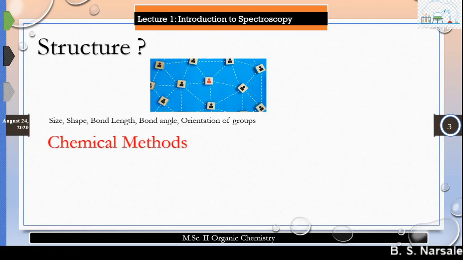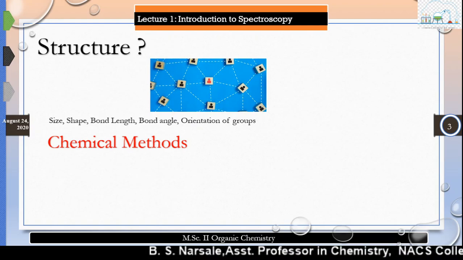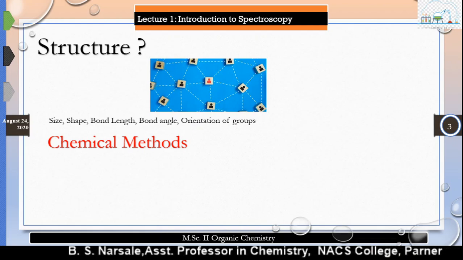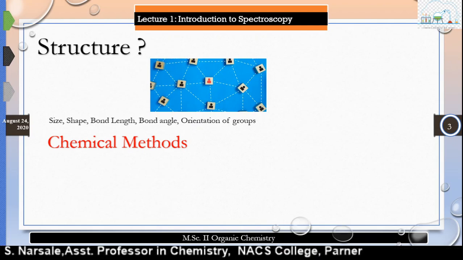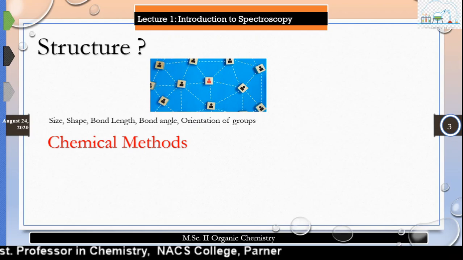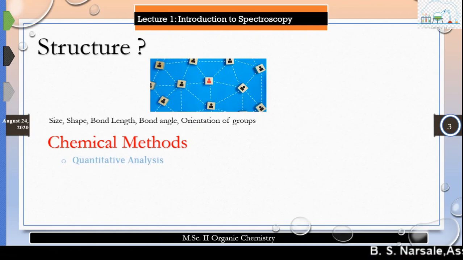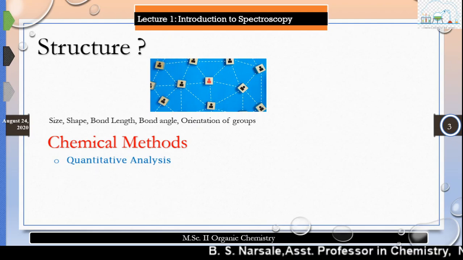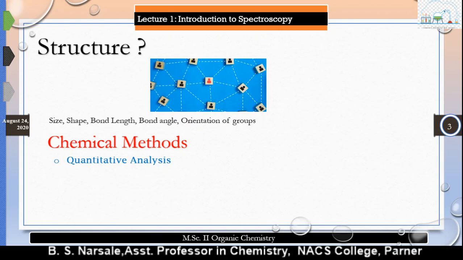And to determine a structure, we specifically use two methods in a laboratory. The first method is the chemical method. Under a chemical method, we perform an analysis that we call quantitative analysis.